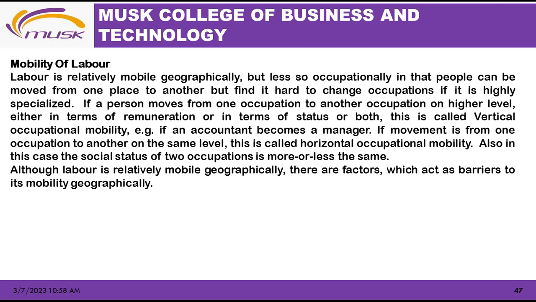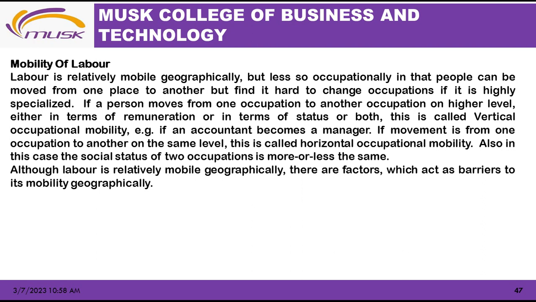The other one is the mobility of labor. Like I said, when we were looking at labor previously, I said labor is geographically mobile, and people are able to move from one occupation to another on a higher level. That is what we call vertical occupational mobility.